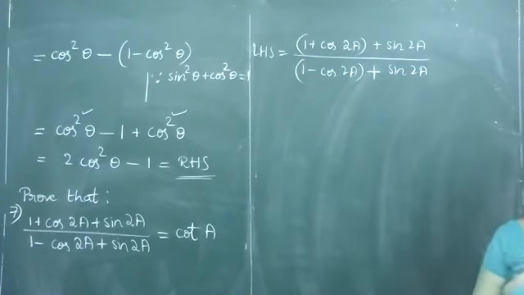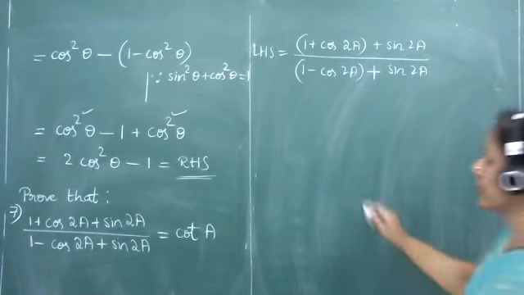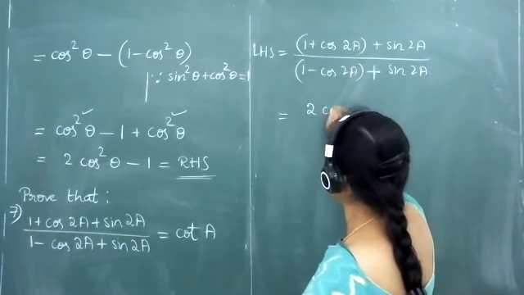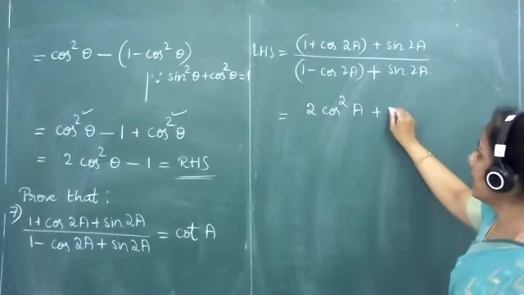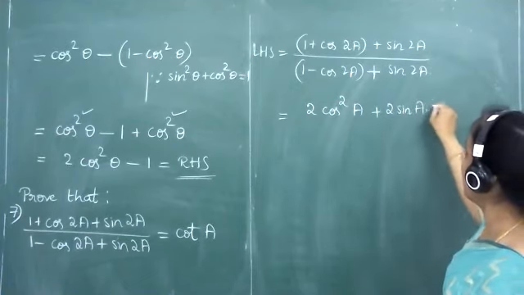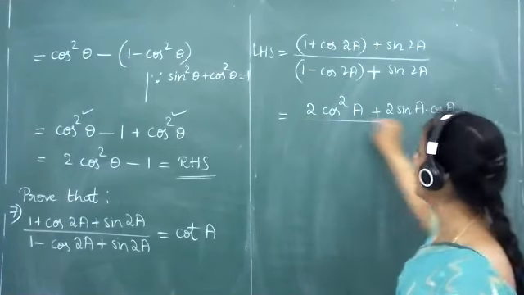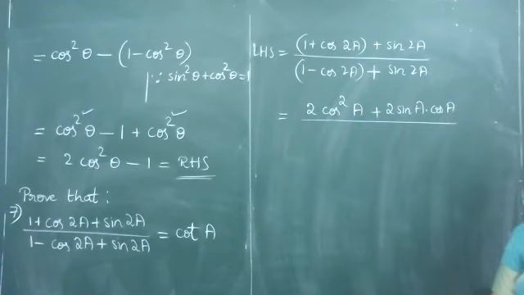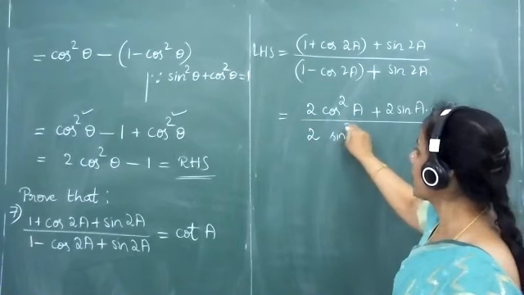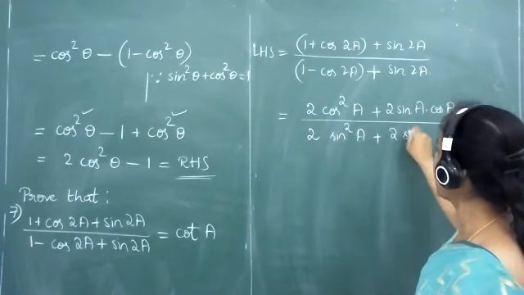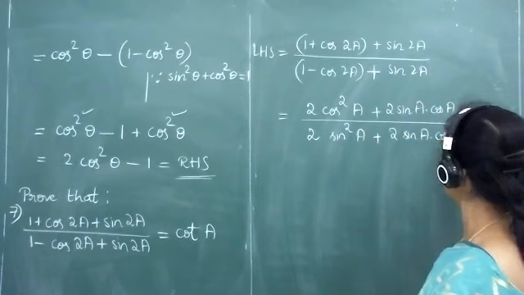And we have seen in the beginning of the multiple angle formulae the deductions for 1 plus cos 2a and 1 minus cos 2a. 1 plus cos 2a, you will replace it as 2 cos squared a, plus sin 2a, you will take it as 2 sin a multiplied with cos a, divided by 1 minus cos 2a to the denominator gets replaced as 2 sin squared a plus 2 sin a multiplied with cos a.